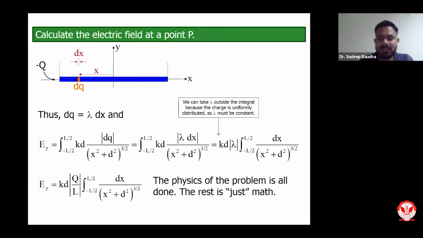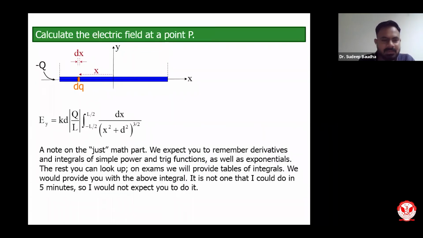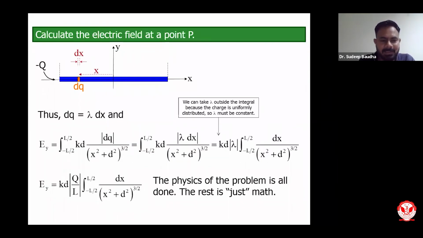So when I say integration, I hope everyone knows how to integrate it. So can you just tell me what would be the integration of this? I hope integration will be tough, of course, because this is not simple integration.